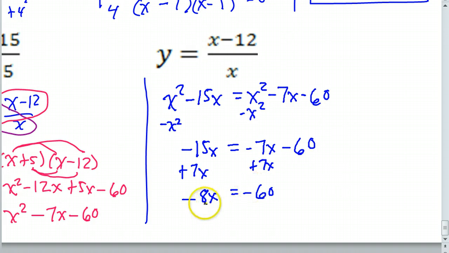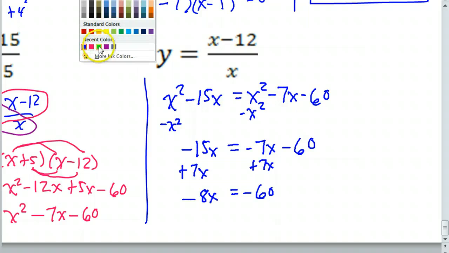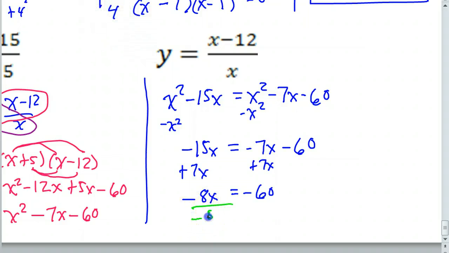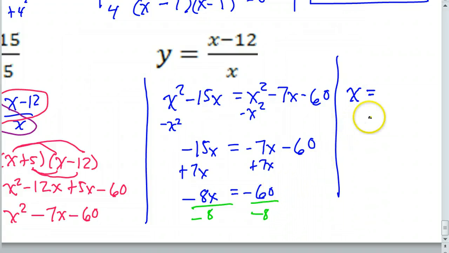And then I'm going to divide both sides by negative 8. All right, so that's going to give me x equals, let's see, 7.5. So that means the solution is going to be 7.5 comma something.